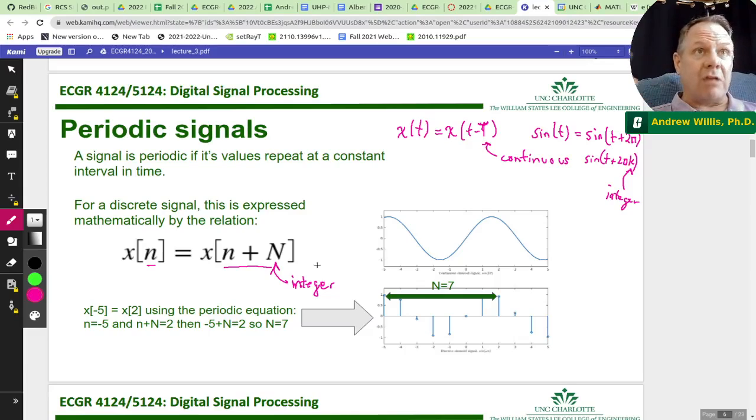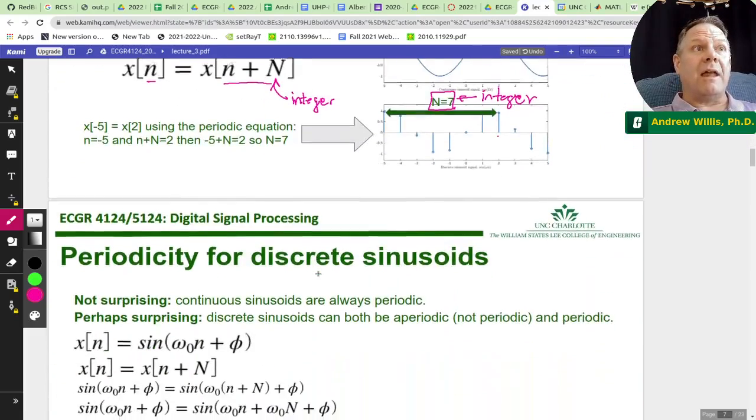We can use conventions to define it elsewhere, but this is its formal definition. In this particular case, we show a cosine function that repeats after 7 samples. So 7 is an integer, and this is a valid kind of periodicity for a discrete function. But we'll find some surprising results of this analysis.